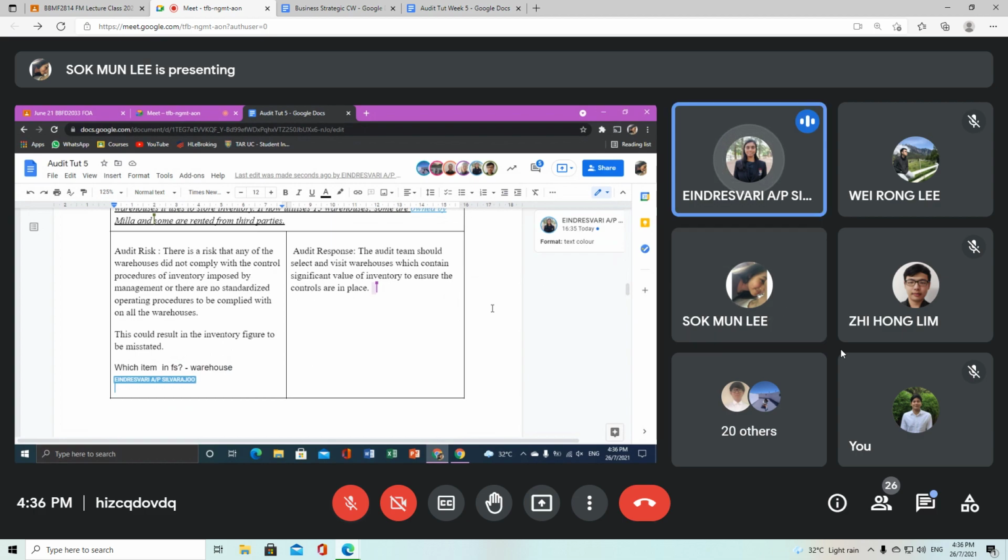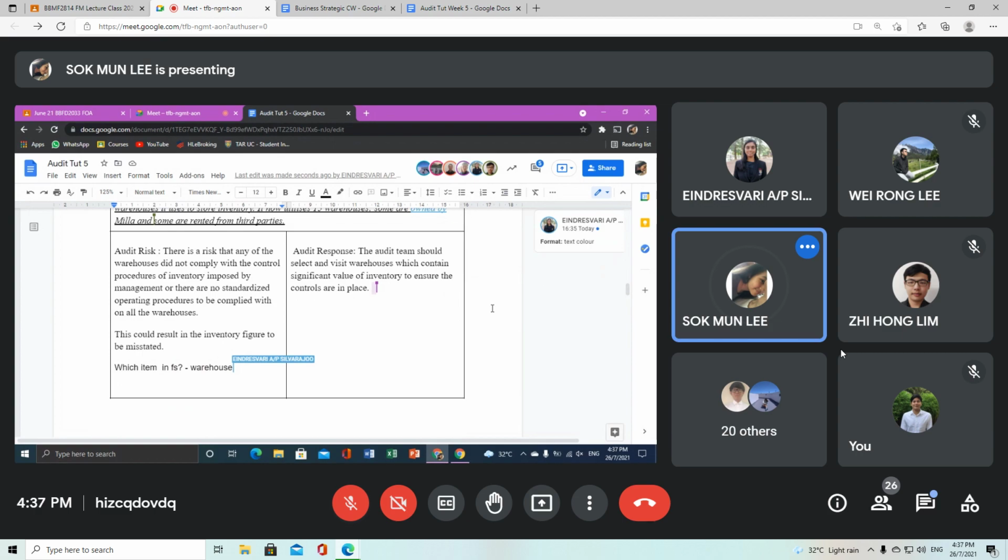So what is the issue here in this case? What is the issue here? So warehouse is relating. Which assertion are you referring to? Assertions.